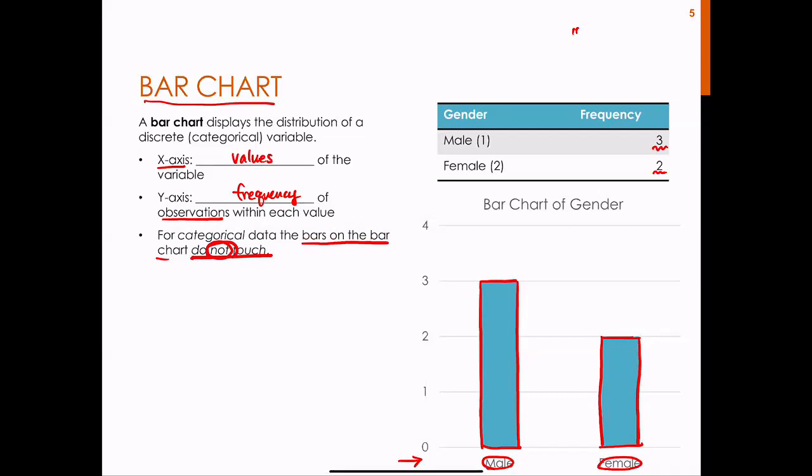Here is a space between the first bar and the second bar. This is the difference between a bar chart and a histogram. I'm going to explain this difference again in the histogram explanation.